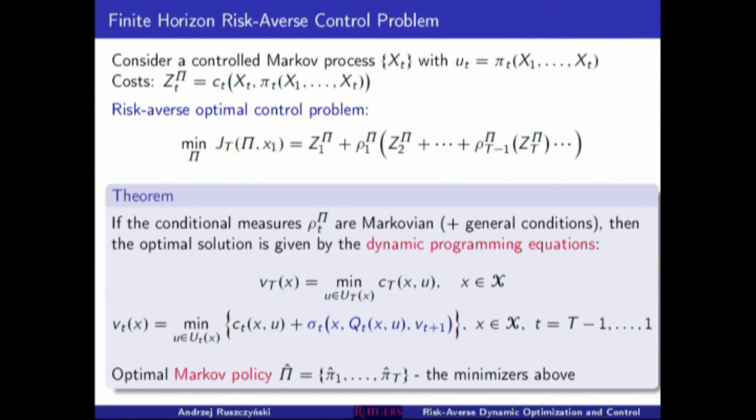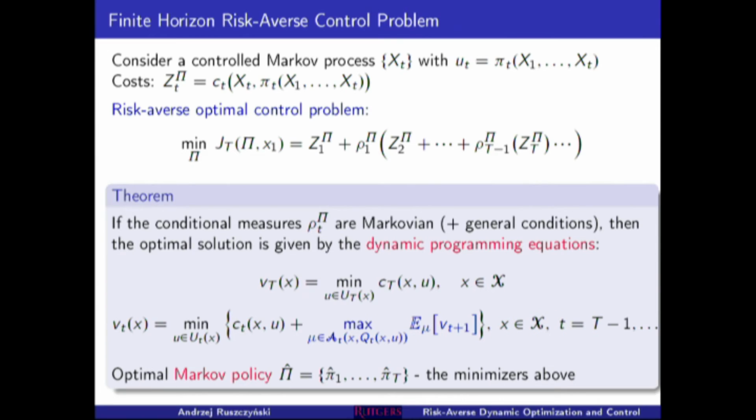And then if we use this type of risk measures in the dynamic problem, then we can pass to a risk-averse control problem, and we obtain the dynamic programming equations. At the last stage, we optimize the cost, and then going backwards, we optimize. We have a dynamic programming equation in which we minimize the sum of the current cost and the risk of the next value function.